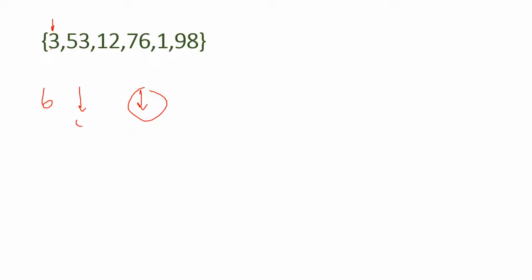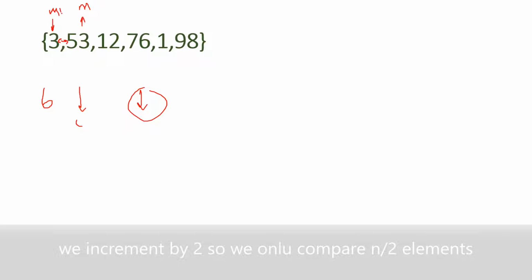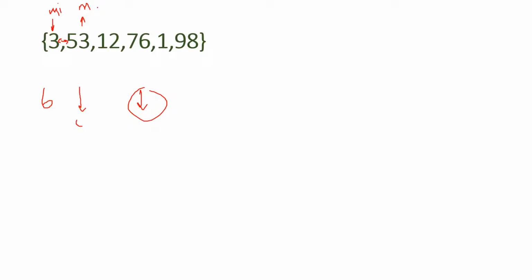And look at this. We have to compare 53 and 3. Which is the maximum element? 53 is obviously the maximum element. So we are considering this as the maximum value and 3 as the minimum value. Let me consider mi for minimum and mx for maximum.